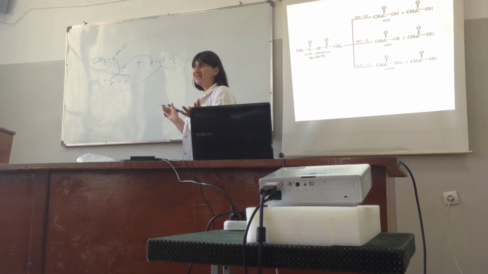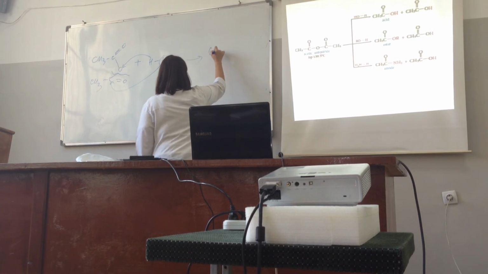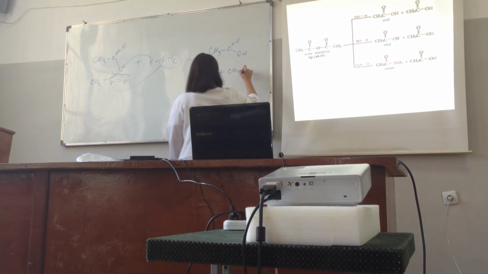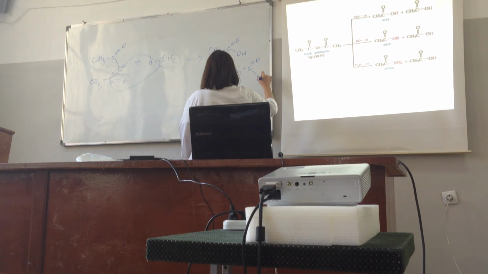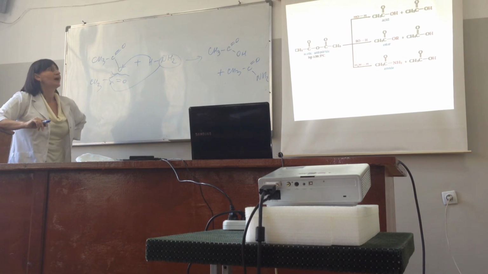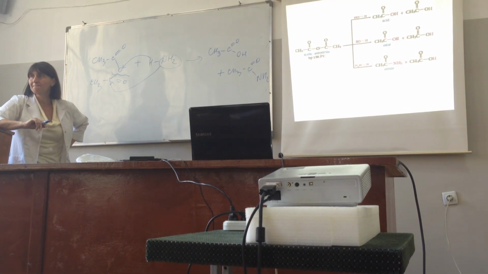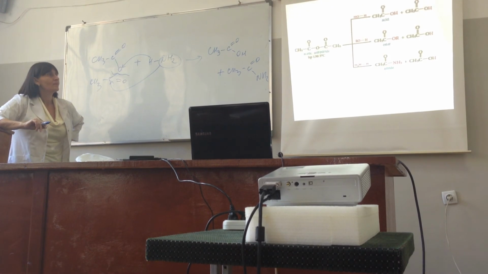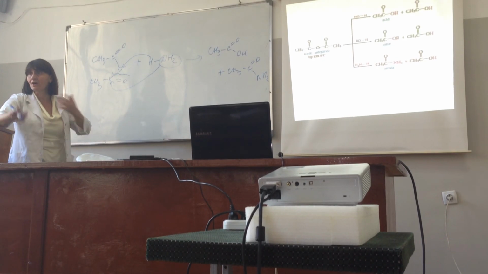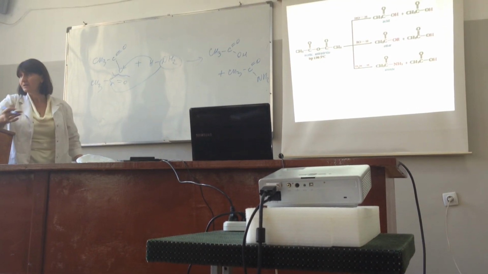And once again, carboxylic acid. CH3COOH plus CH3CONH2. So you get carboxylic acid and amide. As you see, all these carboxylic acid derivatives are very reactive, and they can form different molecules, and they convert into each other, and it's very good.